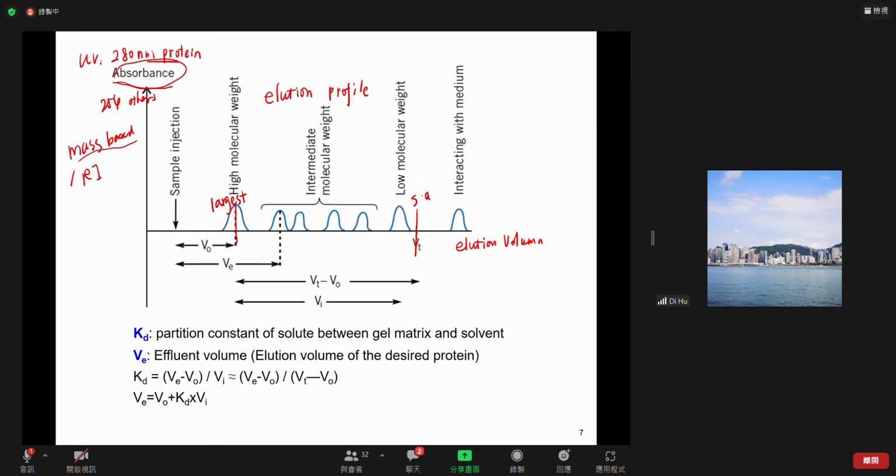They diffuse into all the pores in the stationary phase, and the total volume VT is the volume inside the particles plus the volume outside the particles. So this is the maximum volume it can use. We call it breakthrough.